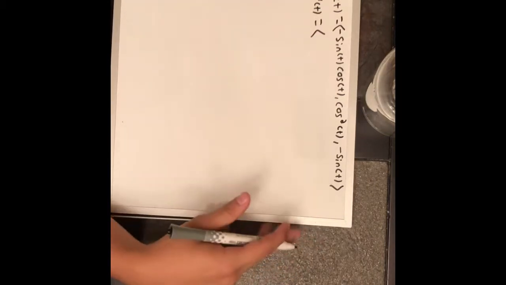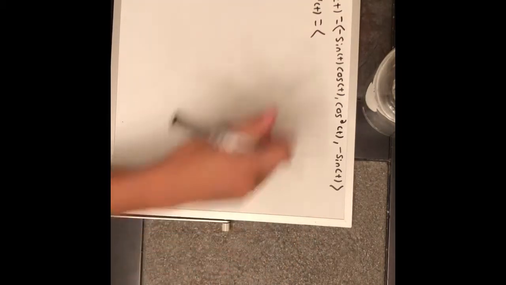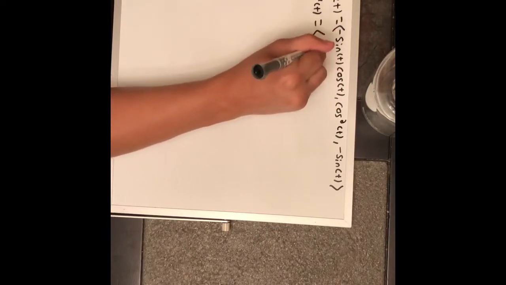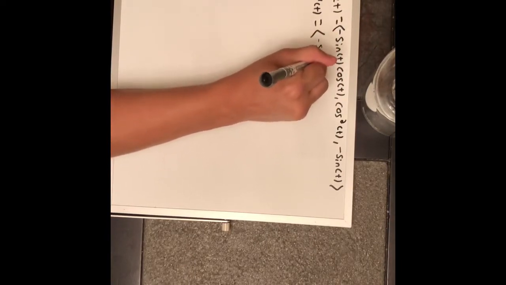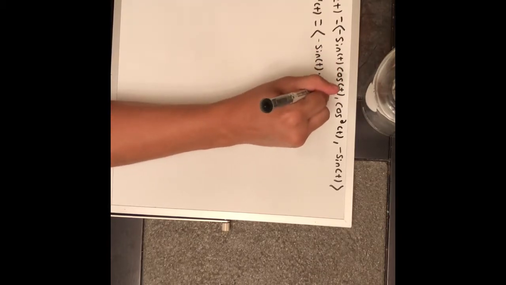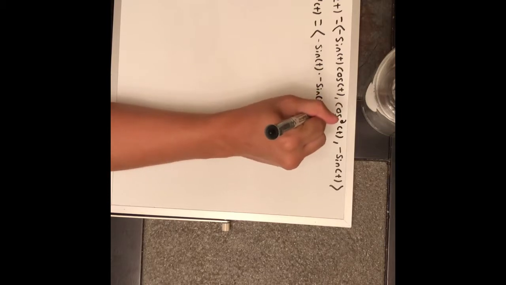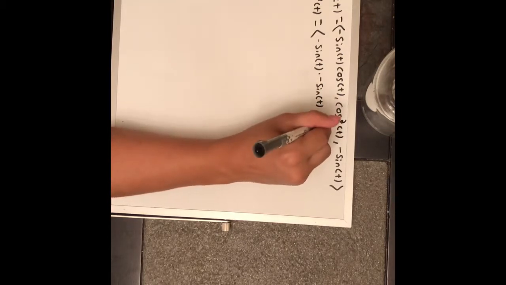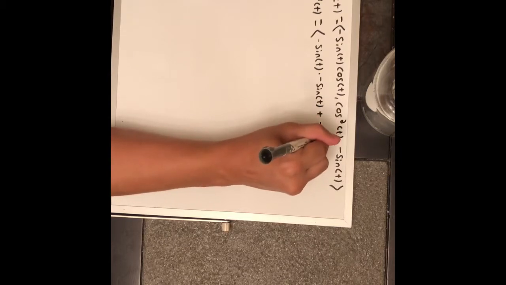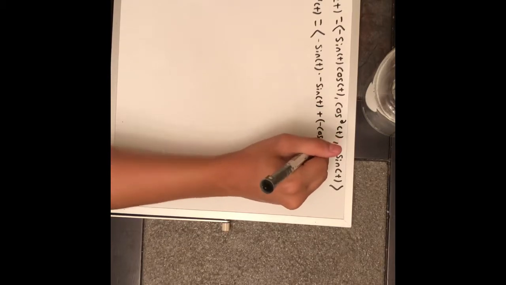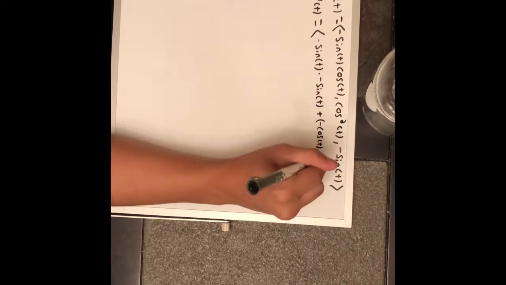Here we're going to utilize the product rule. We're going to keep the first the same and differentiate the second, which should also be negative sine, plus the derivative of the first, which would be negative cosine, times cosine.